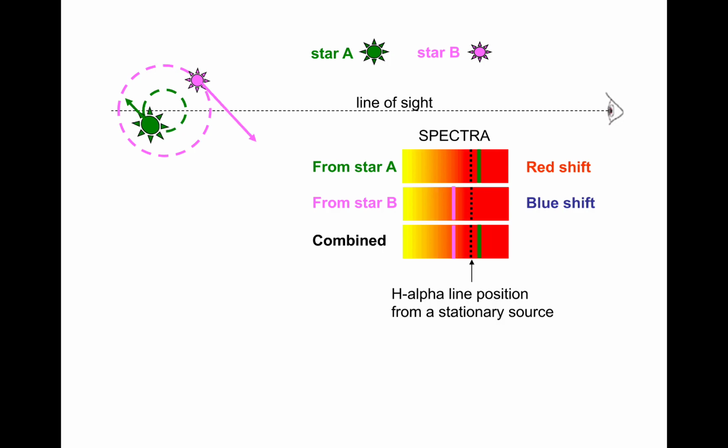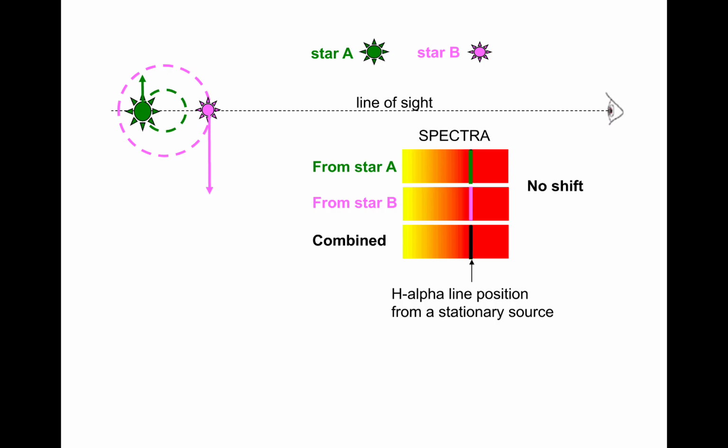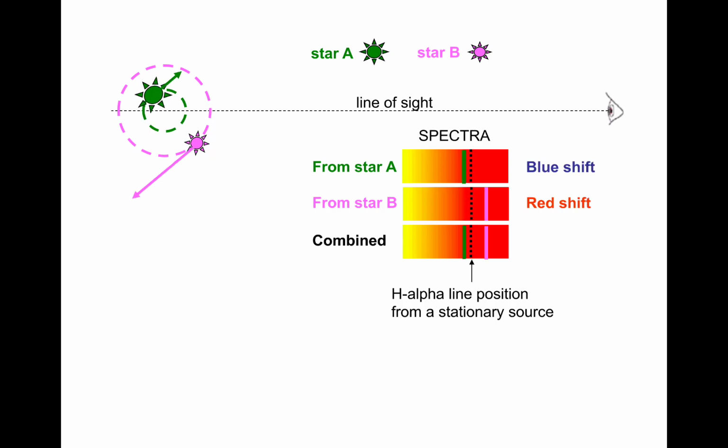As they rotate, obviously as they're not coming straight towards us, we're only looking at a component of their velocity moving away or towards us, so the amount of red shift and blue shift will diminish. When they're in this position, not moving away or towards us, there'll be no red shift or blue shift. Then they'll switch.